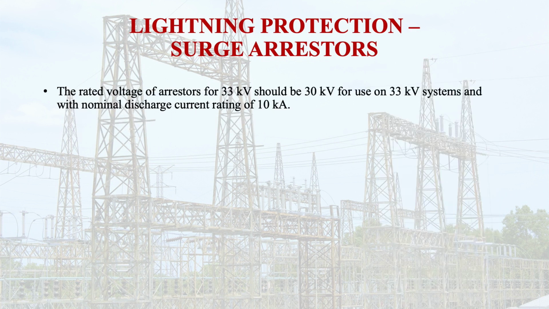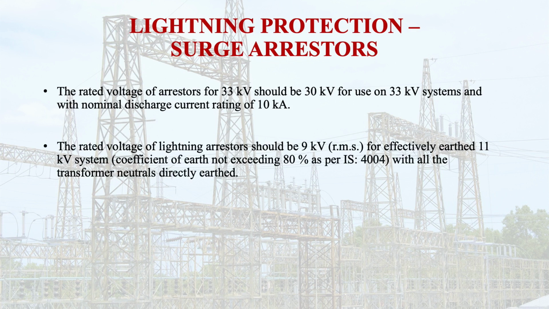The rated voltage of arresters for 33 kV should be 30 kV for use on 33 kV systems, with a nominal discharge current rating of 10 kiloampere.